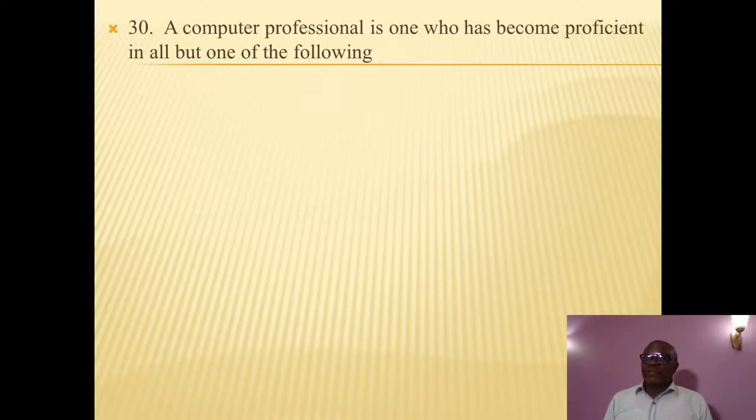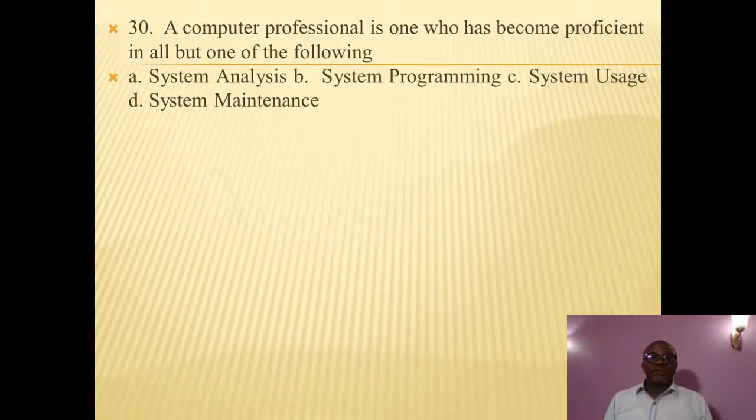A computer professional is one who has become proficient in all but one of the following: system analysis, of course. A computer professional who is proficient in system analysis, we say, is a systems analyst.